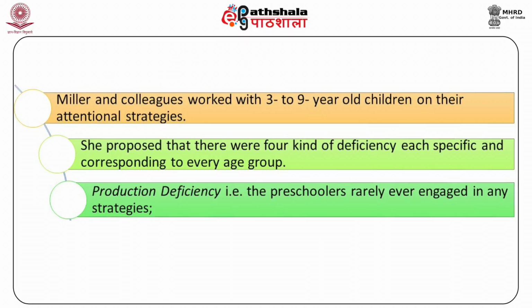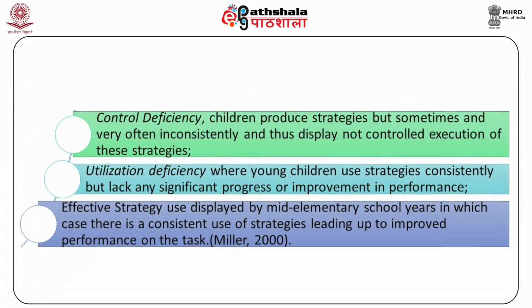Miller and colleagues worked with 3 to 9-year-old children on their attentional strategies. She proposed that there were 4 kinds of deficiency, each specific and corresponding to an age group. She listed production deficiency, that is, preschoolers rarely engaged in any strategies. Control deficiency, where children produce strategies but only sometimes and very often inconsistently, and thus display uncontrolled execution of these strategies.